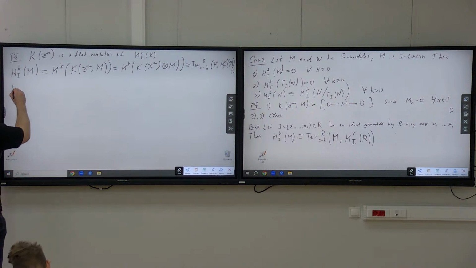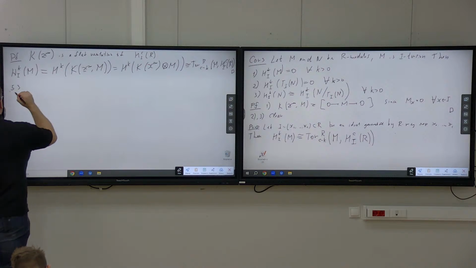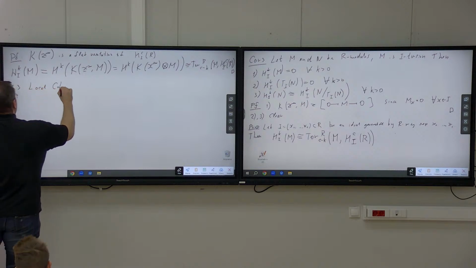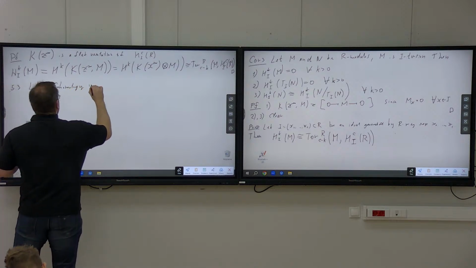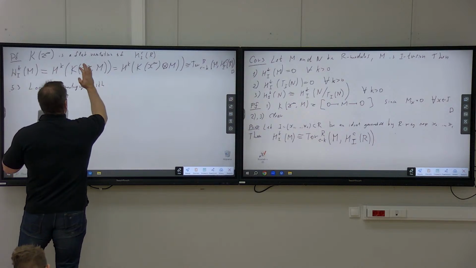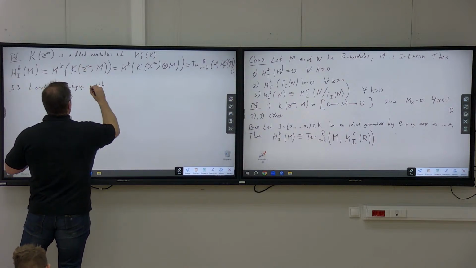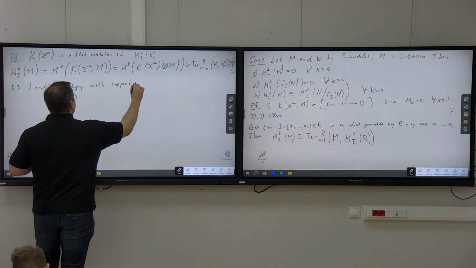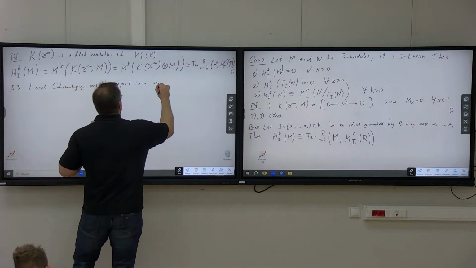So next section, 5.3. This is local cohomology with support in the maximal ideal.